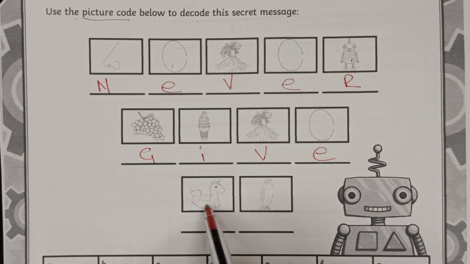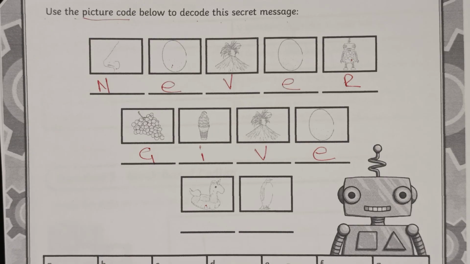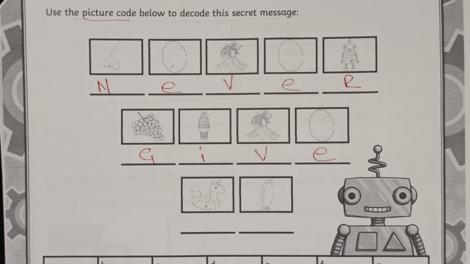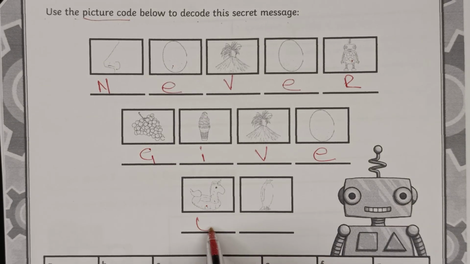So then this one, what is the picture here? What is the code or the alphabet that is associated with this? Okay, this one is U. Then we put U here.